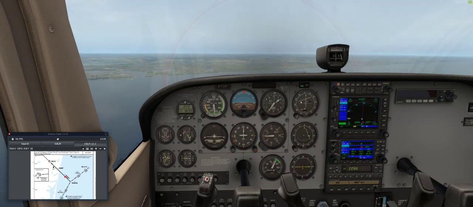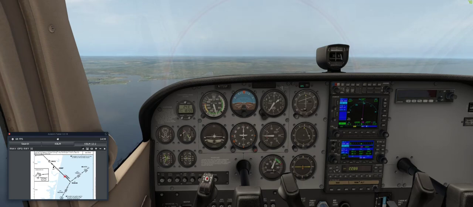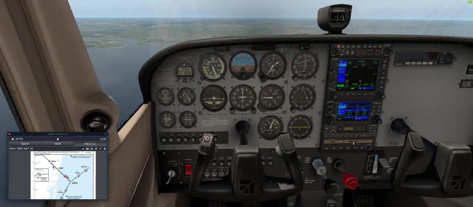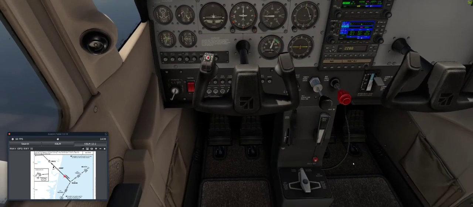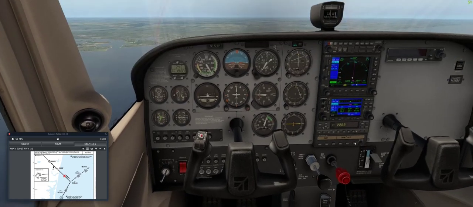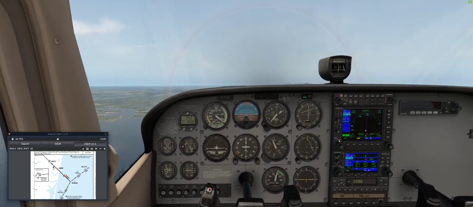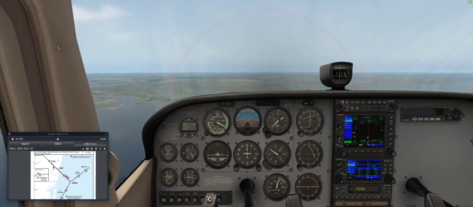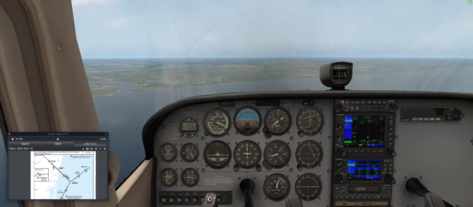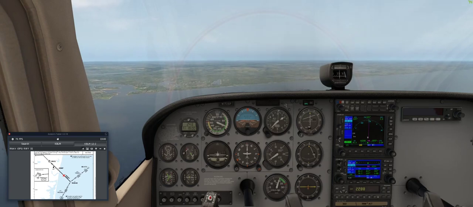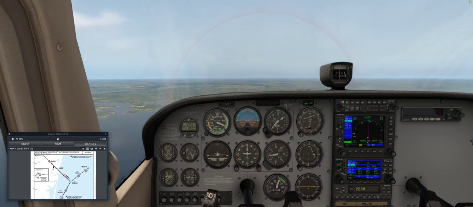Reduce airspeed and get approach flaps out. I land with full flaps in this aircraft.